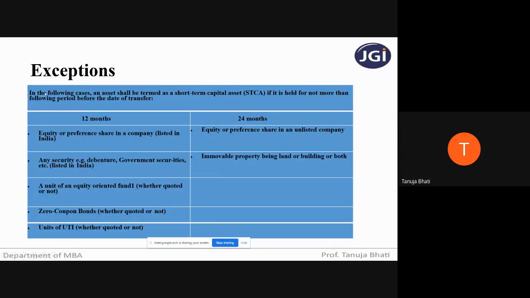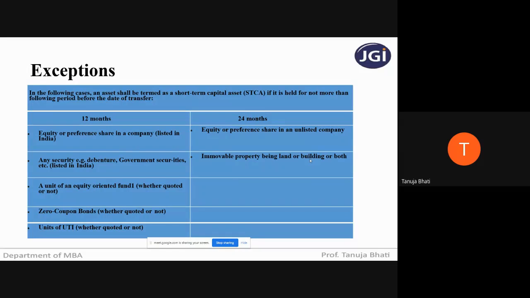But dear, see here, in this slide there is an exception. If the assets are these two assets, then it is said to be a short-term capital asset if it is not held for more than the following period. So it is 24 months in case of immovable property being land or building or both. So in case of land or building, you have to see the period of 24 months to determine whether it is short term or long term.